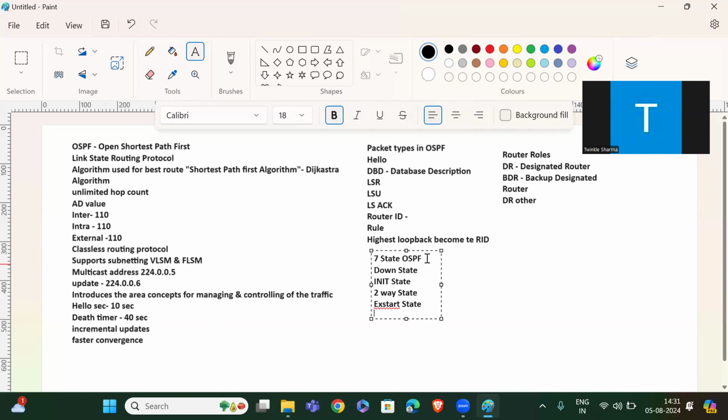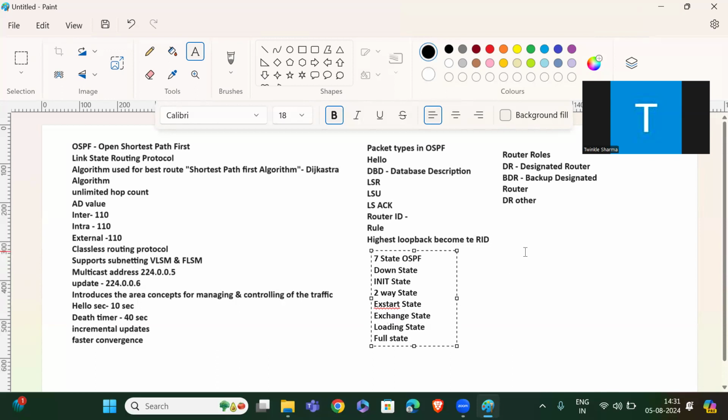Then we have exchange state. Then we have loading state and full state. We will learn about all these topics in our further videos.